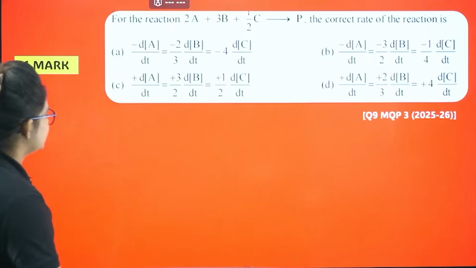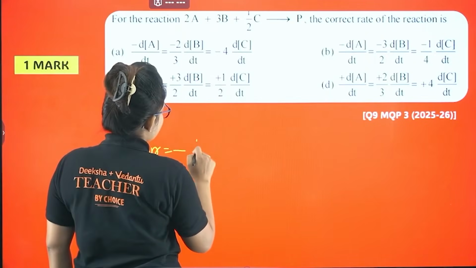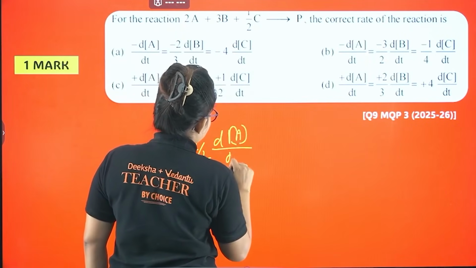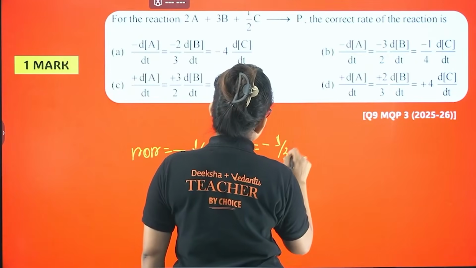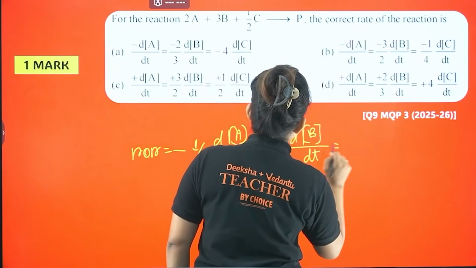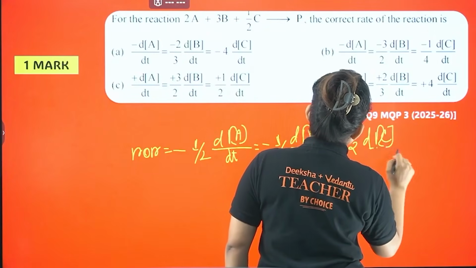Okay, for this particular problem, ROR, rate of reaction, is basically equal to minus 1 by 2 dA by dt equals minus 1 by 3 dB by dt equals minus 2 dC by dt.